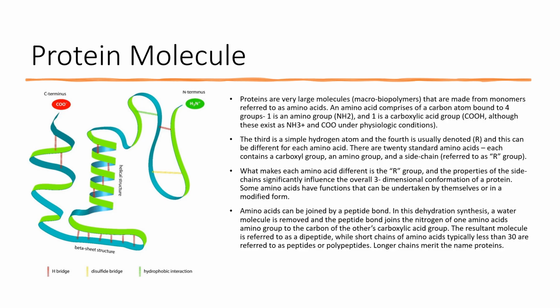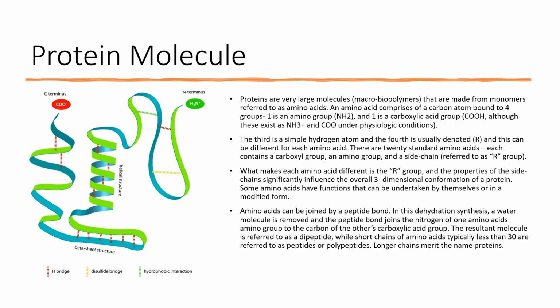The third is a simple hydrogen atom, and the fourth, usually denoted as R, can be different for each amino acid. There are 20 standard amino acids. Each contains a carboxyl group, an amino group, and a side chain referred to as the R group.